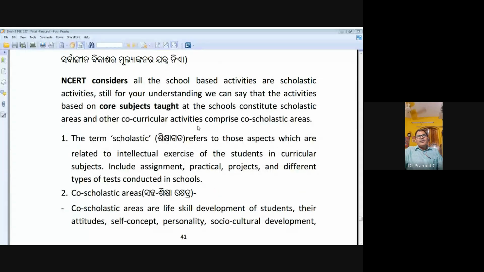Suppose whenever we are evaluating the child, at that time we will have to take into consideration the scholastic activities, that is, related to intellectual exercises of the children, where in the curricular subjects, his judgment, his practical work, his project work, and different types of tests which are conducted inside the class.